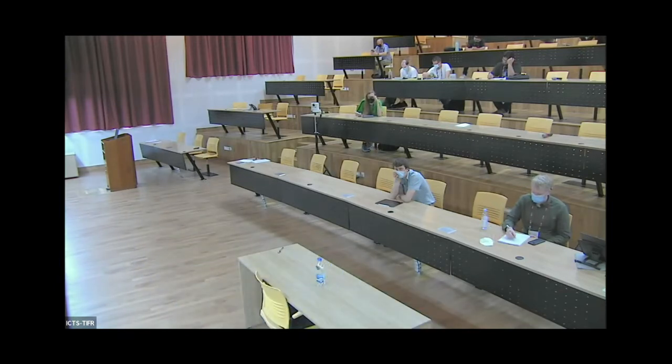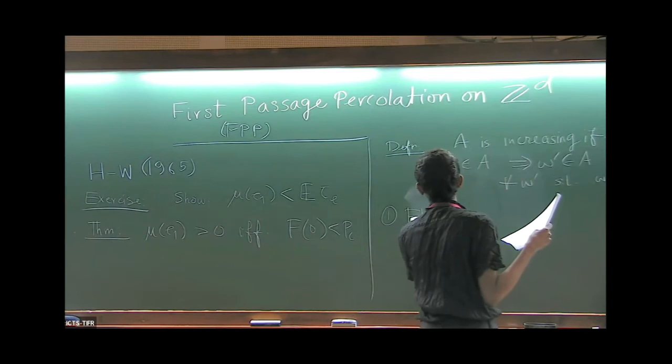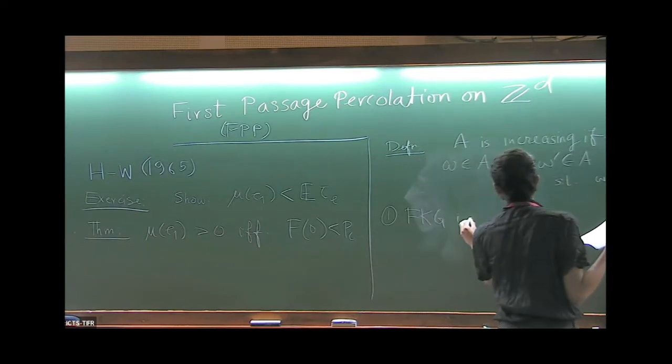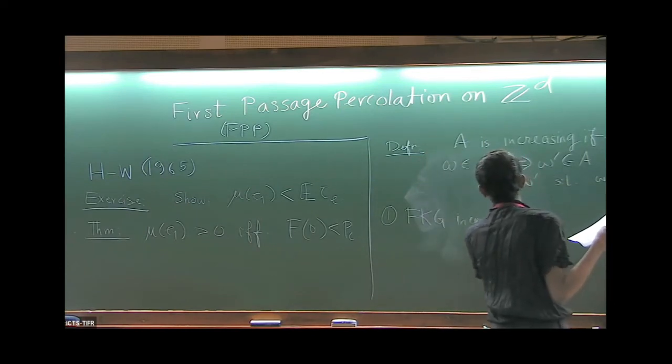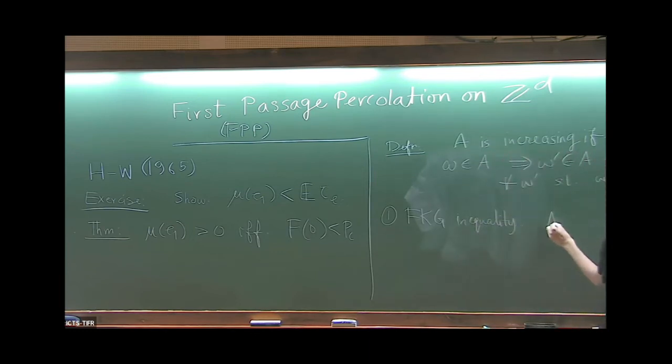So there are two useful inequalities. One is called the FKG inequality, which says that if A and B are increasing, then the probability of A intersect B is at least the product of the probabilities.